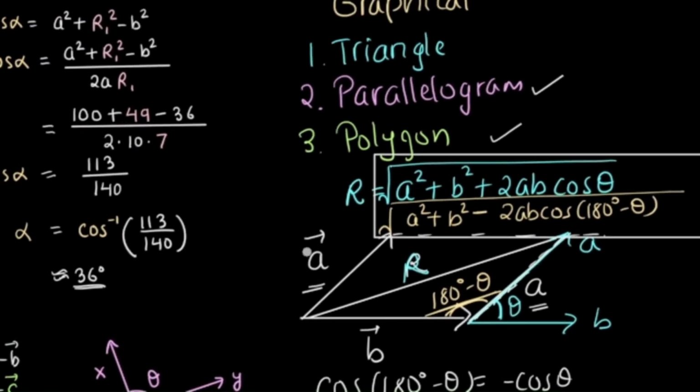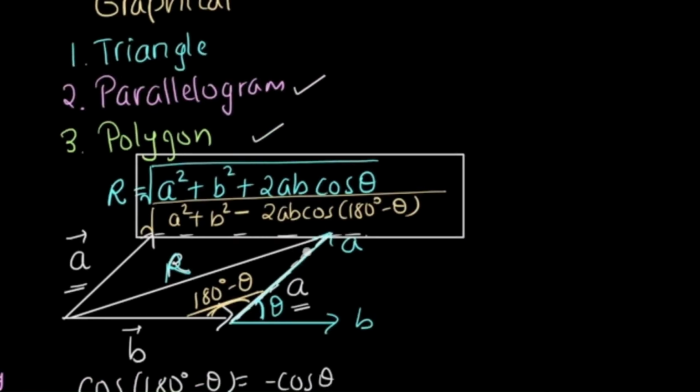So you can see very clearly that once you understand the triangle law of vector addition, and you can do its mathematics, you can do the mathematics of the parallelogram law and the Polygon law of vector addition. Because the Polygon law is a generalization of the triangle law. For a Polygon, you have to apply the triangle law several times in sequence. This is what I mean.